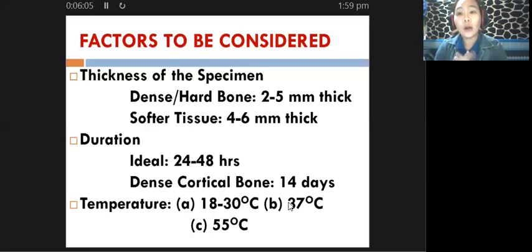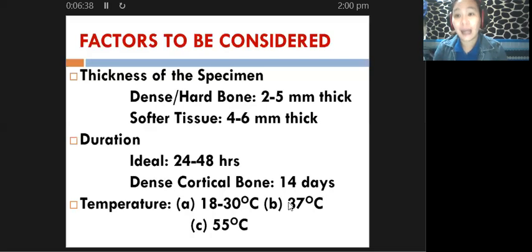Also in decalcification, you have to be very careful when performing this process at higher temperatures. Of course, the decalcification process will be accelerated if you increase the temperature. However, it will impair the staining even more.